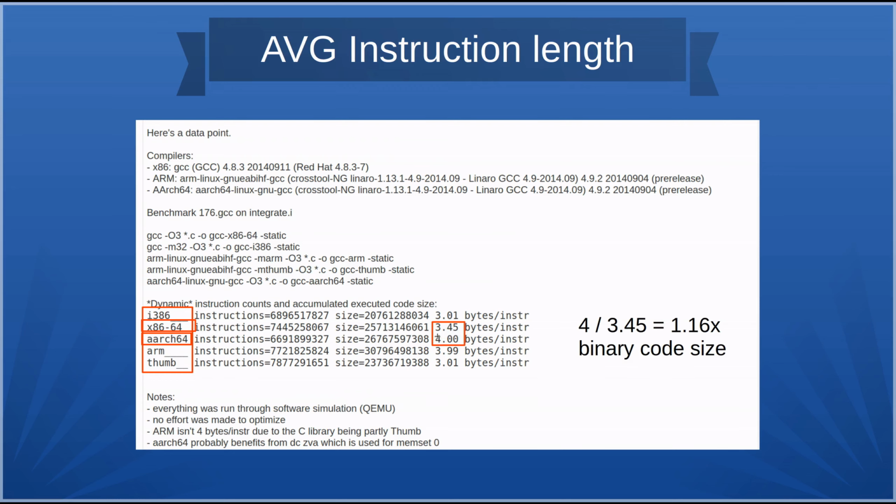ARM has a typical 4 bytes per instruction on average, and x86 has 3.45. When you calculate the ratio, you will end up with x86 actually saving some space, like 16%. Respectively, the ARM binary code is 16% larger.